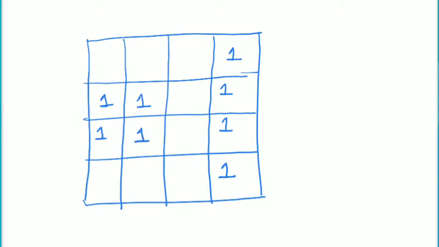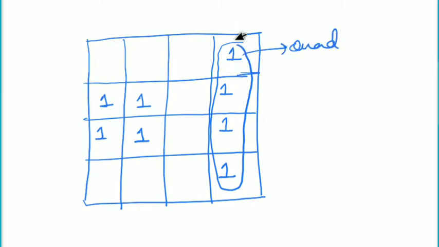So in this case, let us see how to identify the quad. This is one quad. By looking at this, the entire column is a quad. If you have ones covering an entire column, that will make a quad. In the same way, if you have a row covering entire ones, that will also make a quad.